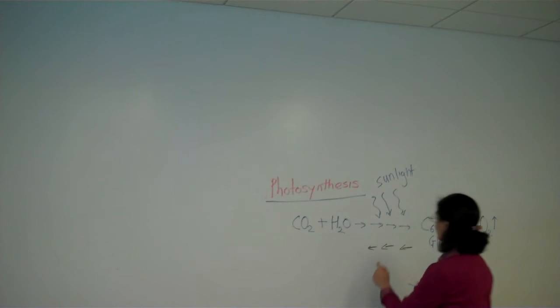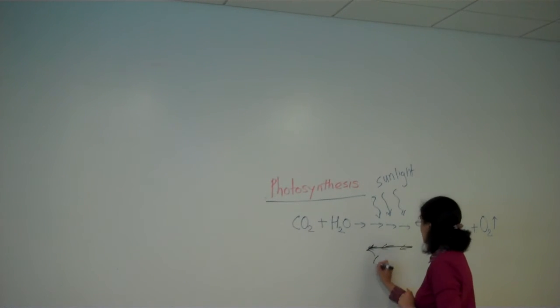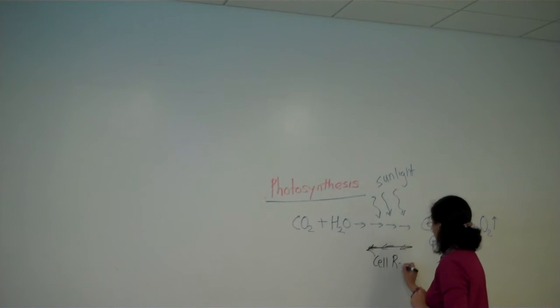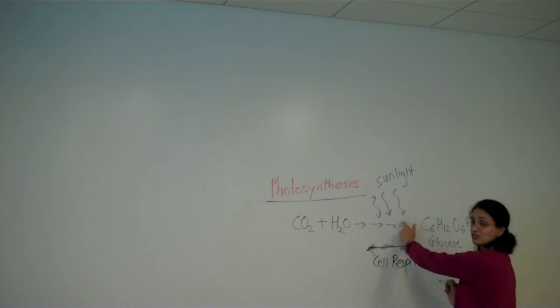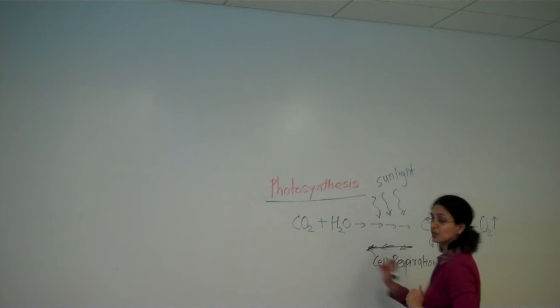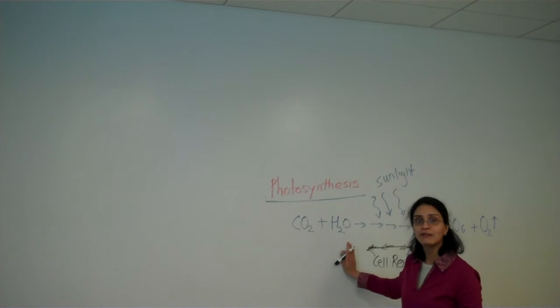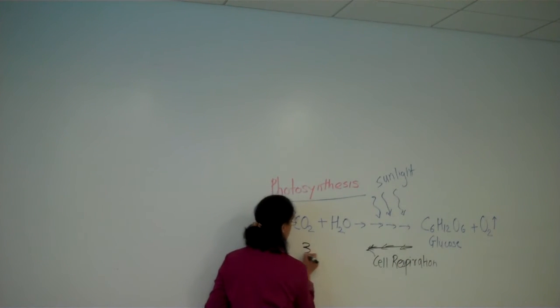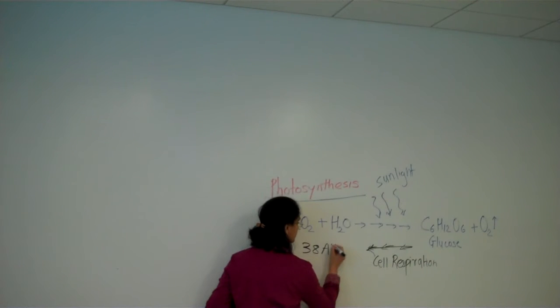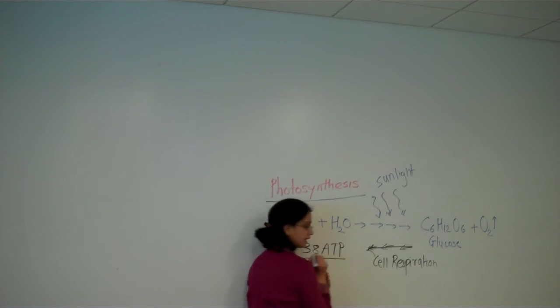So basically if you were to look in this direction, the black arrows mean cell respiration and the blue arrows in presence of sunlight is photosynthesis. In addition to making CO2 and water in cell respiration, the cells also produce about 38 molecules of ATP, which is basically the usable energy inside the cell.